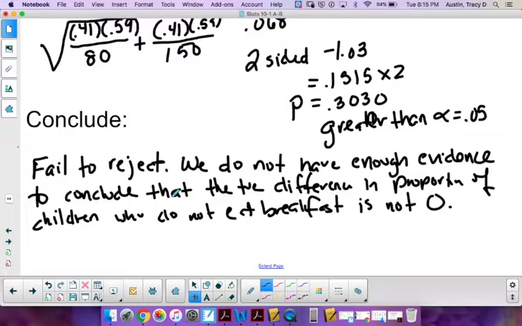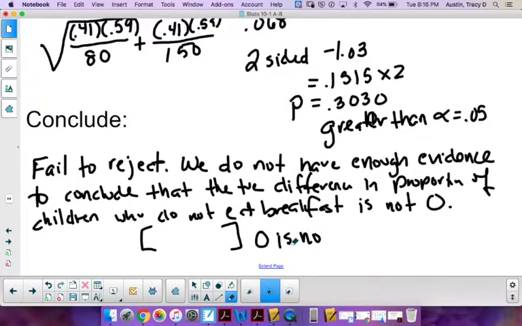Okay, so going back to what I was talking about with a confidence interval, if we were to run a confidence interval for this same data, which you already know how to do in your calculator, you would put in the number of successes and the sample sizes and it would do it for you. What you're going to notice is that if I'm failing to reject, that means 0 is in the interval.